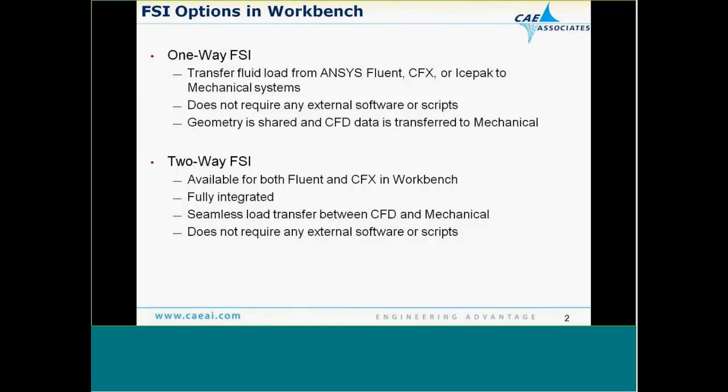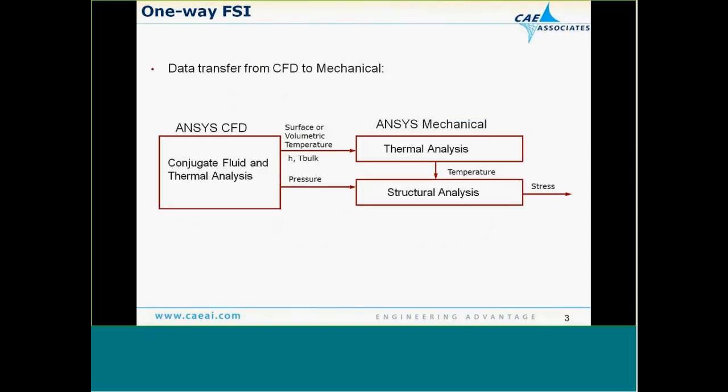So coming back to the OneWay FSI coupling scheme. Why are we interested in doing this? Because in many situations, we do not require a TwoWay FSI coupling. It's rather complex, and it requires a lot of CPU time to get the fully coupled TwoWay FSI analysis done. It requires data transfer at every time step until they converge, both on the CFD side as well as on the mechanical side.